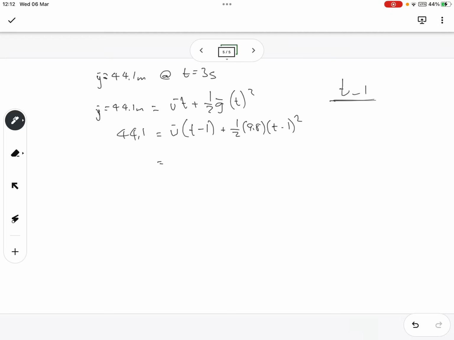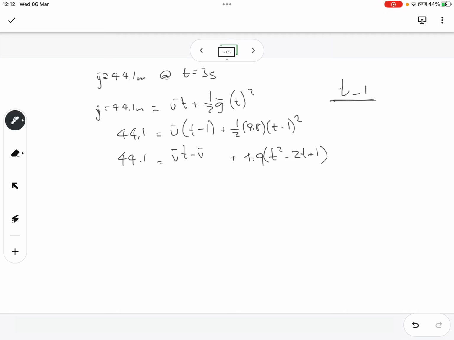So we'll have 4.9 times t squared minus 2t plus 1 plus vt minus v equals 44.1.